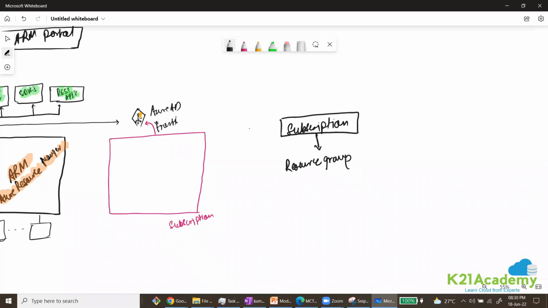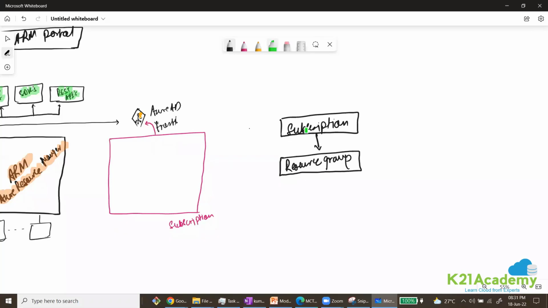It's a container inside which your actual resources will exist. But a resource group is also a kind of resource, which acts as a container for the resources that you will be creating inside your Azure subscriptions.